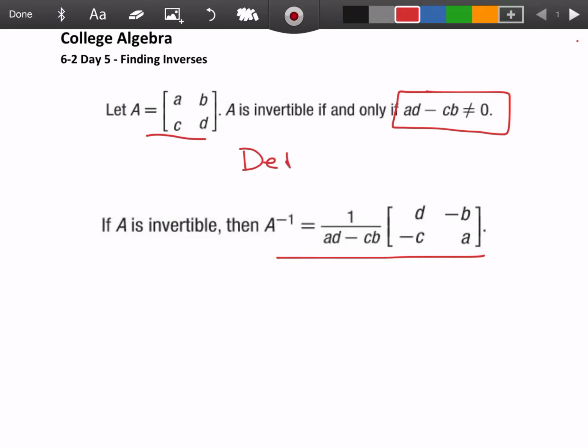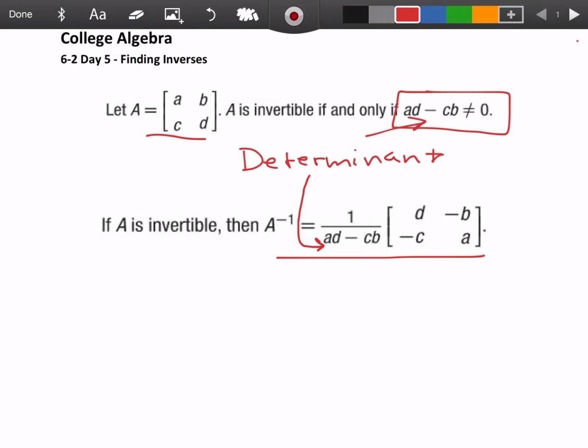We have what we call the determinant. That's what we did last time. We found the determinant. That's here, but we also put it in our inverse formula as well. So it's in two different spots. We don't just find it to determine whether there's an inverse or not. We actually find it for the inverse.